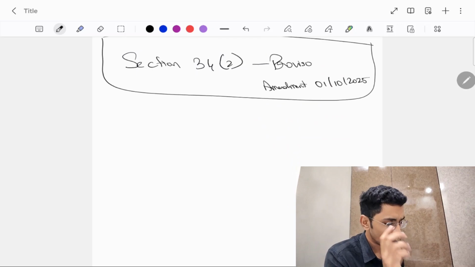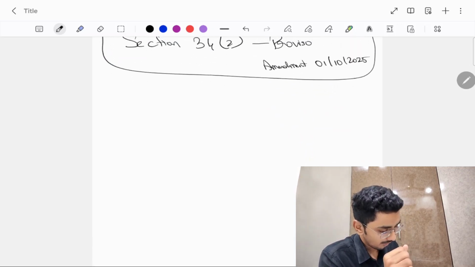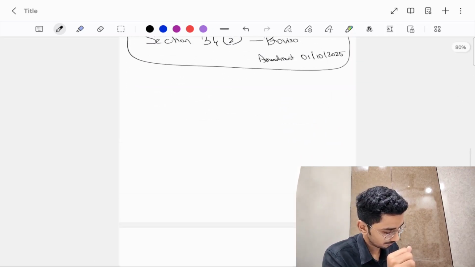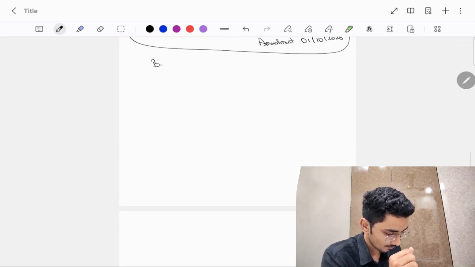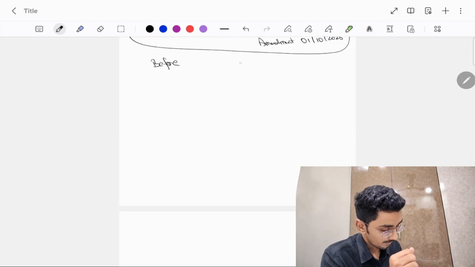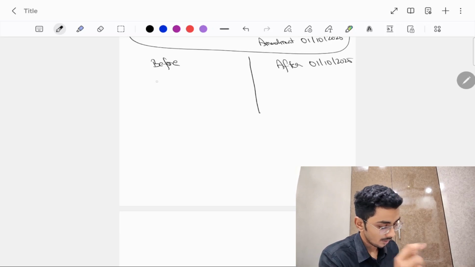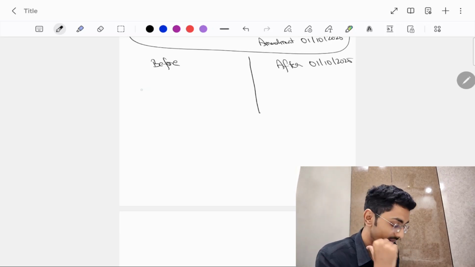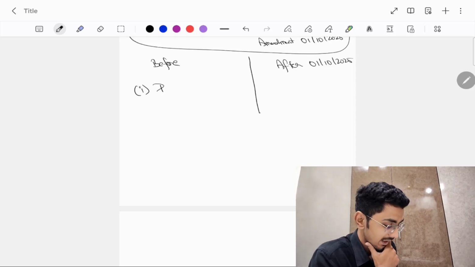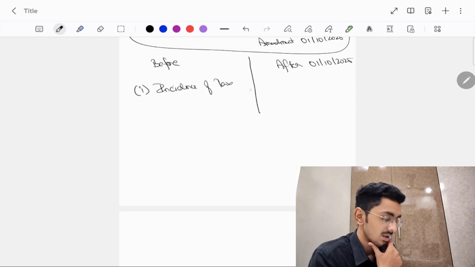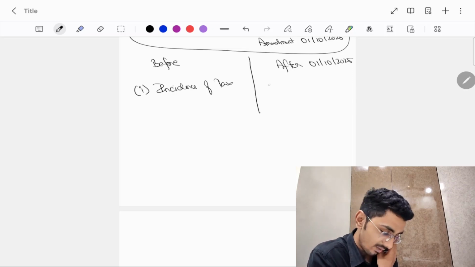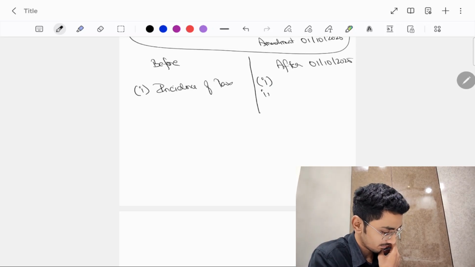There was one amendment which stated that earlier, before 25, in the proviso there was just one condition. One condition was to be satisfied, that was very basic, that incidence of tax should not be transferred. Now after this there have been two conditions.